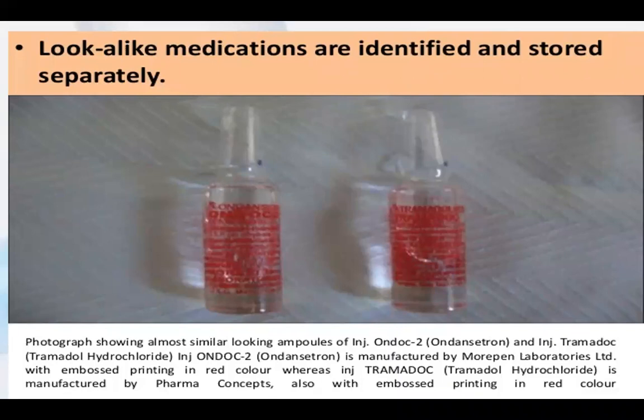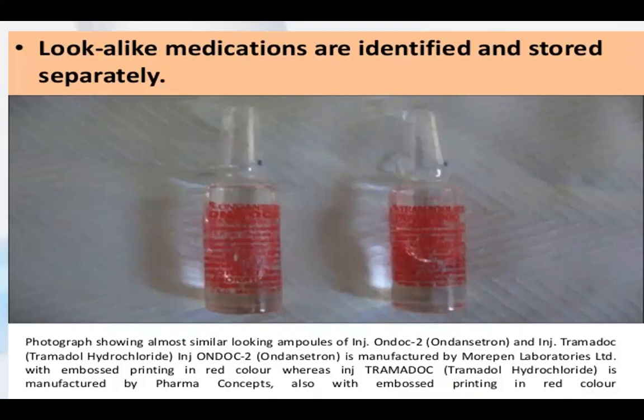Here are almost similar-looking ampoules of injection. One is known as ondansetron. It is an antiemetic, mostly given in cancer patients. The other is the injection tramadol. Tramadol is an analgesic. Ondansetron is manufactured by one company with embossed printing in red color, whereas tramadol is manufactured by another company with embossed printing in red.